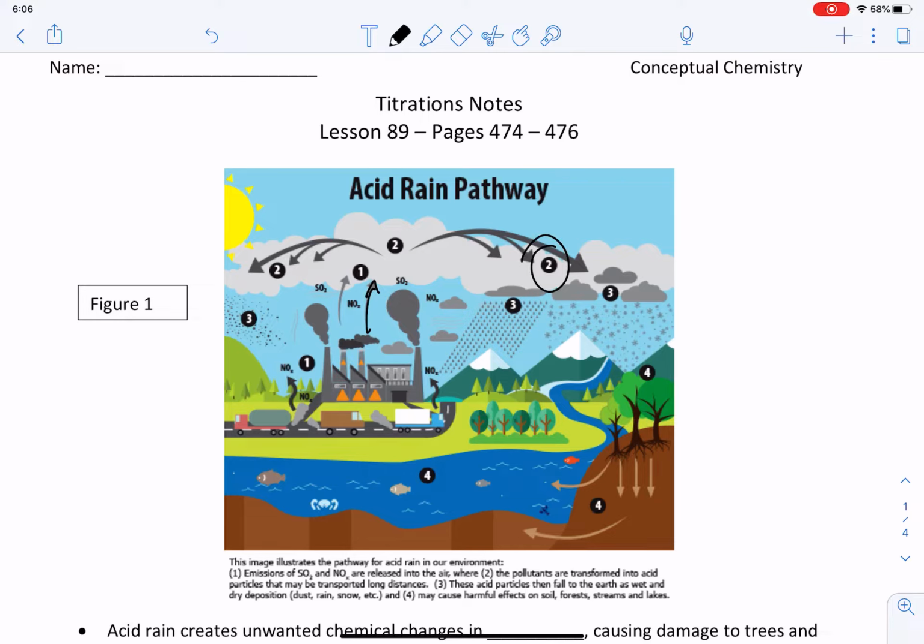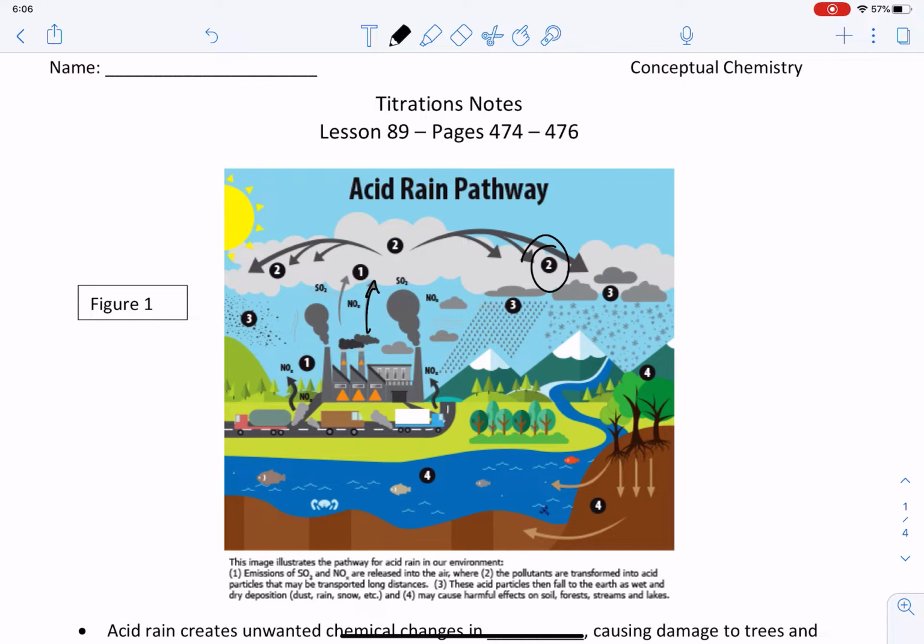It's going to be absorbed by the water molecules in the cloud formations. And then when it rains, those toxic and acidic molecules like nitrate and sulfate are going to fall to the earth, and they're going to be collected by the soil and by the lakes. And if acid rain is collected in enough lake, the fish can die. So this can also be true for the plants and the trees that grow if the soil becomes too acidic.